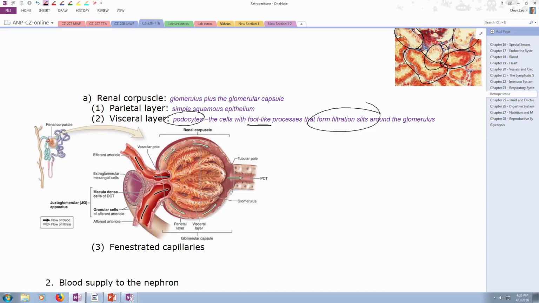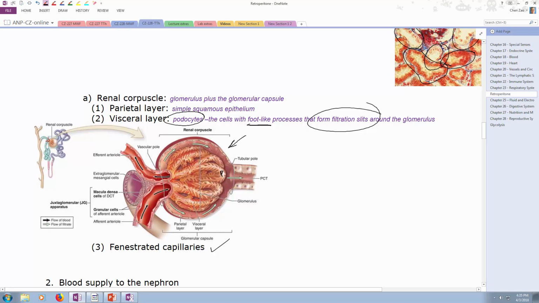When you take a look at this cartoon down here, you see these little podocytes with their nucleus right there, and you see what looks like branching frond-like leaves reaching out. That's what they do. They reach out and surround that capillary and shore it up. Because they have these finger-like or foot-like processes, they interdigitate and create those filtration slits, because these capillaries are fenestrated.